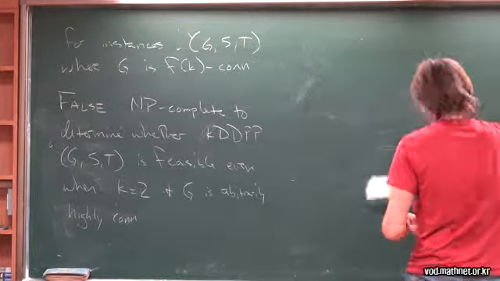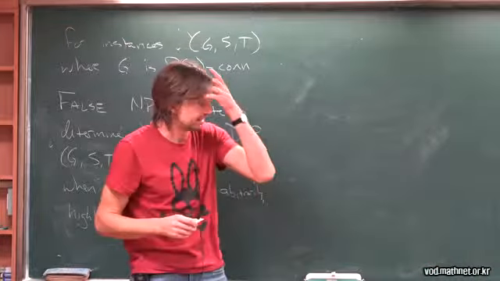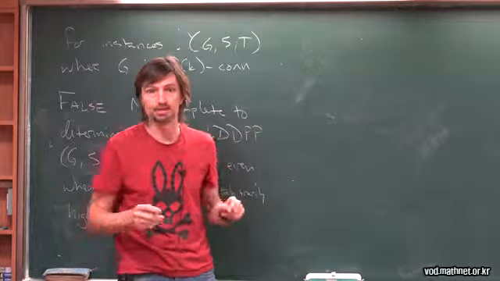The way I propose that we get around this is by looking at the half-integral k disjoint paths problem.